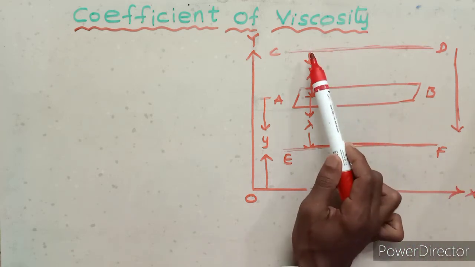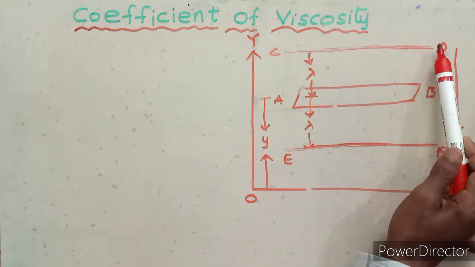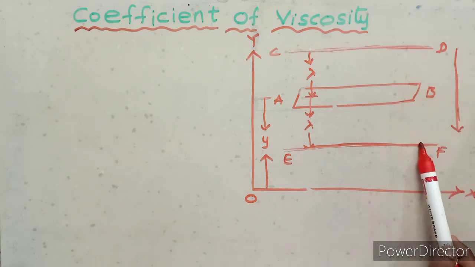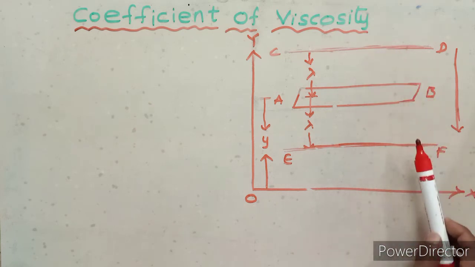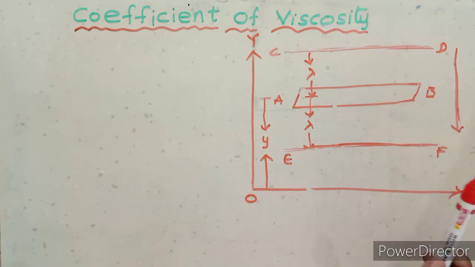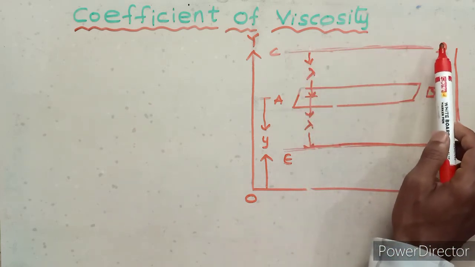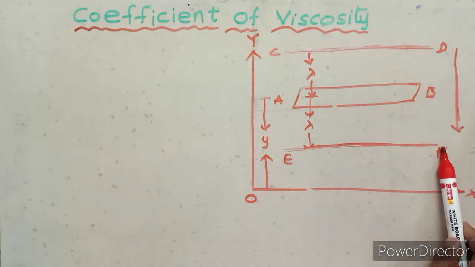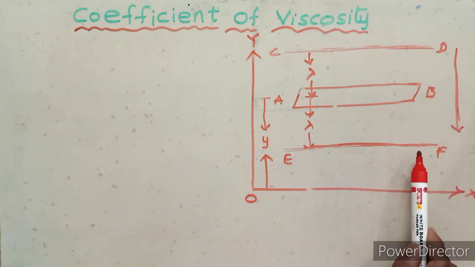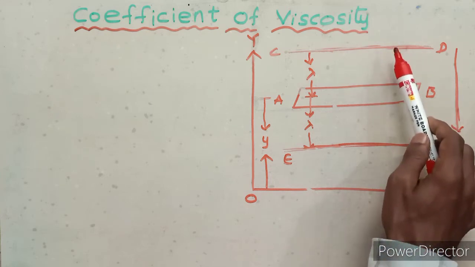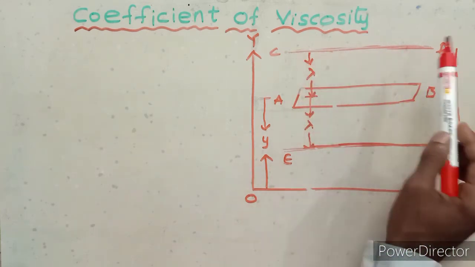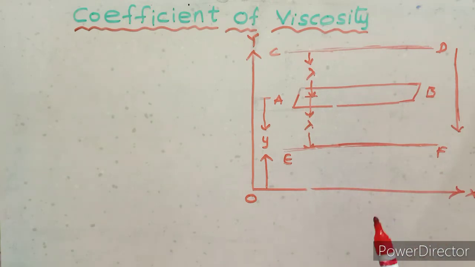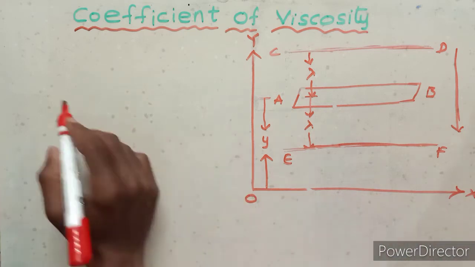So the molecules transfer from CD to EF, the molecules gain at EF from CD. That is, CD has more molecules and loses them towards EF, and EF, which has fewer, gains them from the CD layer. So CD loses, EF gains.